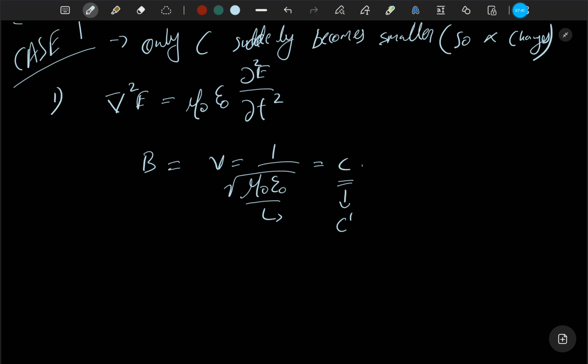A simple way to picture it is the dispersion relation for light, omega equals c k. So if c changes suddenly, the omega-k relationship changes instantly, meaning frequencies and wavelengths can't both stay the same.